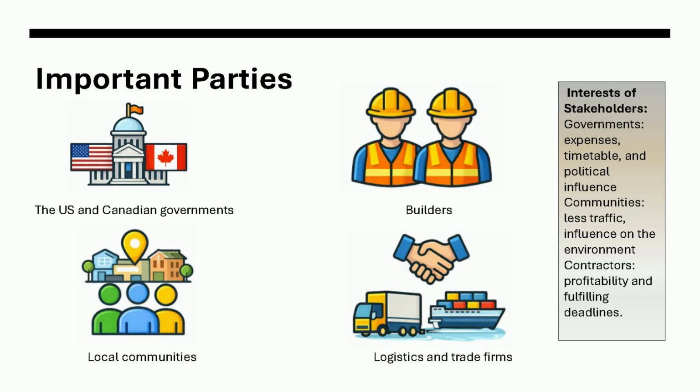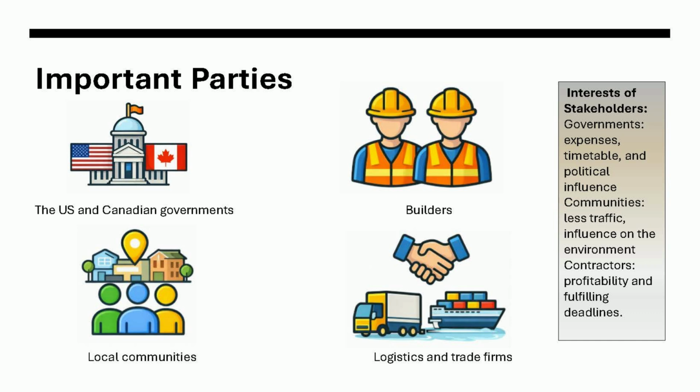Important parties and stakeholders. Several important stakeholders are involved in this project. These include the governments of the United States and Canada, the construction company responsible for building the bridge, local communities living near the project area, and logistics and trade companies that depend on cross-border transportation. Each stakeholder group has different interests.